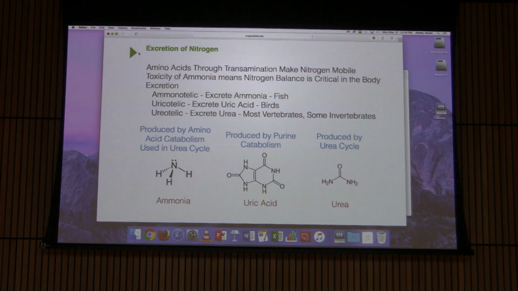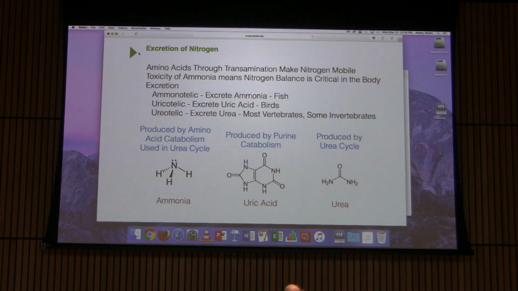Part of the balance of nitrogen metabolism comes from the ability of the organism to regulate how much it puts out. So all organisms have a way of getting nitrogen-containing compounds out of the body when the need arises. There are three classes of organisms that we talk about.